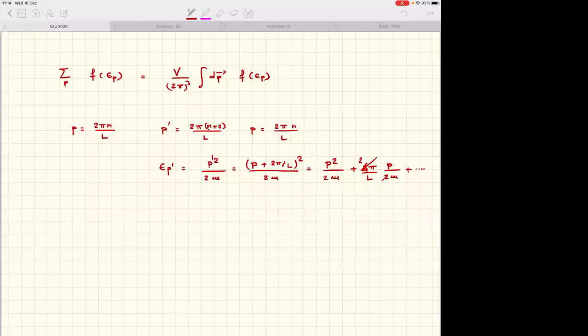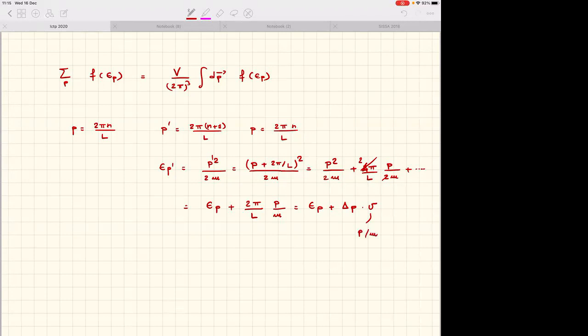Now you see that this is equal to epsilon of p plus 2 pi over L times p over m. In other words, it is epsilon p plus delta p times the velocity, because p over m is the velocity.